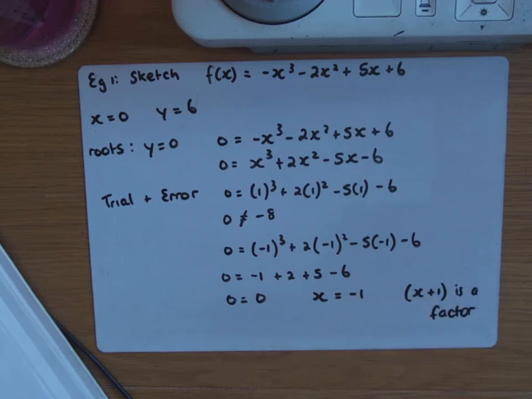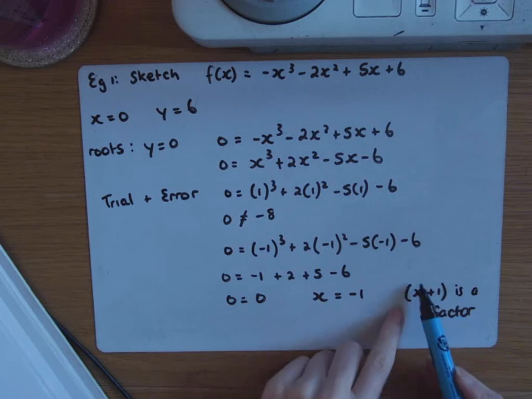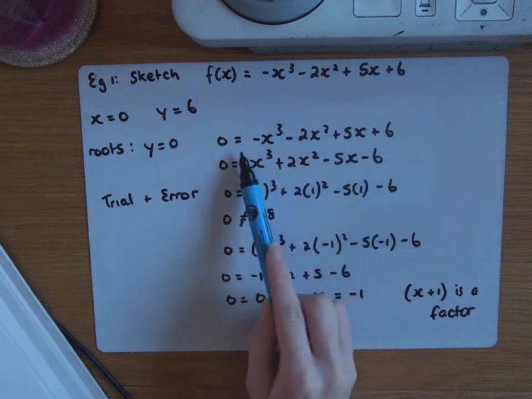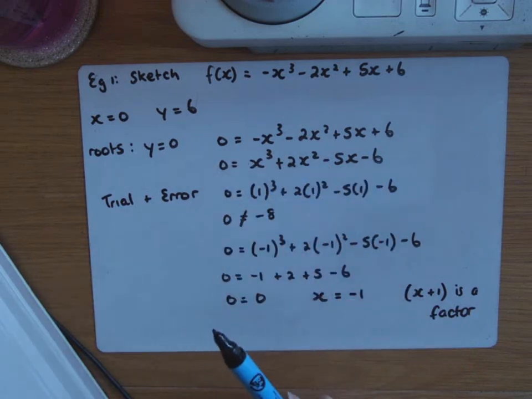Okay, so once you've found your root, you now have a factor. From that factor, you're going to do what? Yeah, long division, exactly. You know that this is a factor of this, so you can just divide it in.